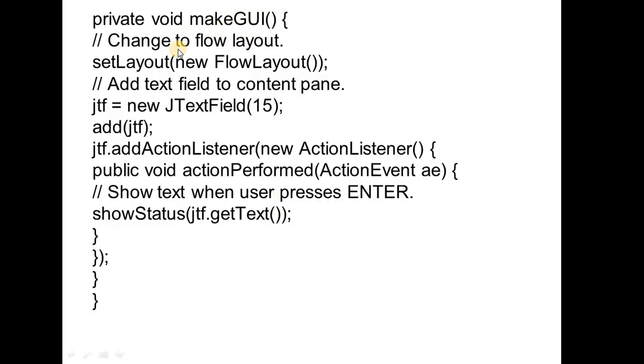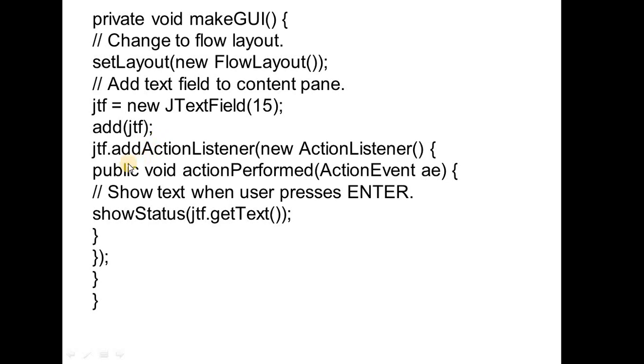In the makeGUI method, initially I will set the layout to flow layout. That is the default layout. I will create an object of JTextField with 15 columns, so jtf is equal to new JTextField(15). It will create a text field with 15 columns. Next I will add that JTextField to the container.